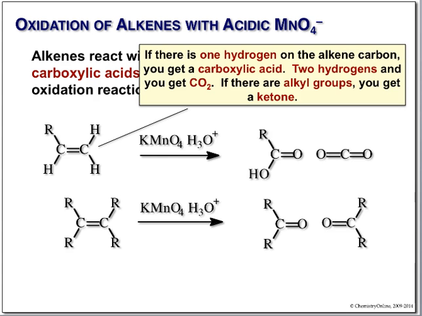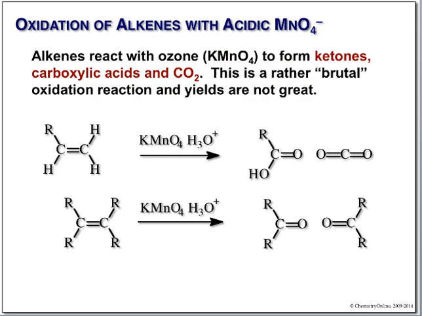So our central carbons become carbonyls, hydrogens go to OHs. If you have a tetrasubstituted alkene, you would simply cleave it into 2 ketones. Very brutal reaction, not real useful synthetically.